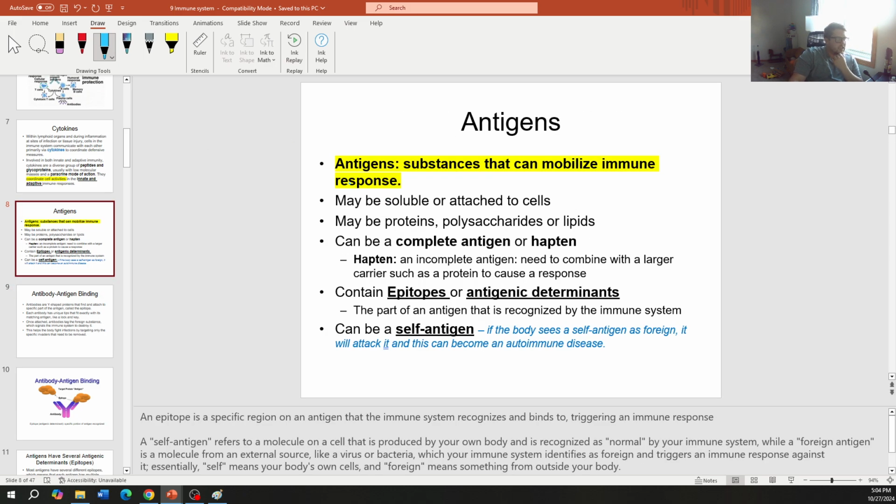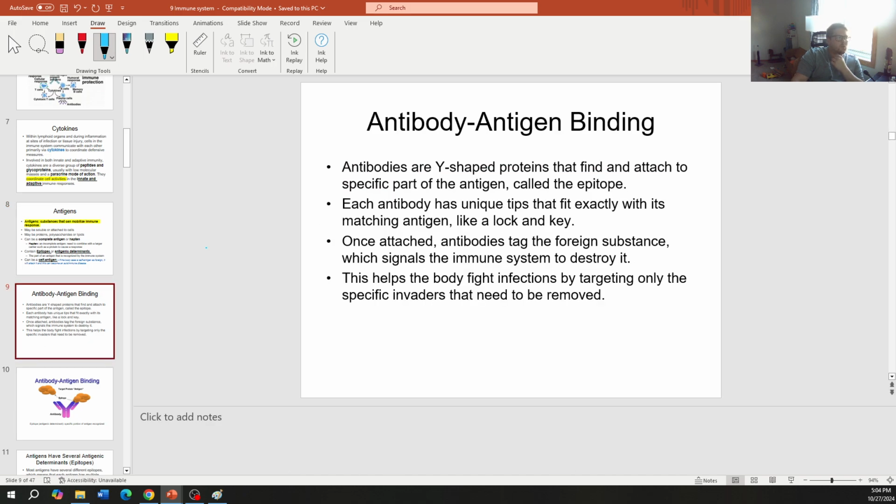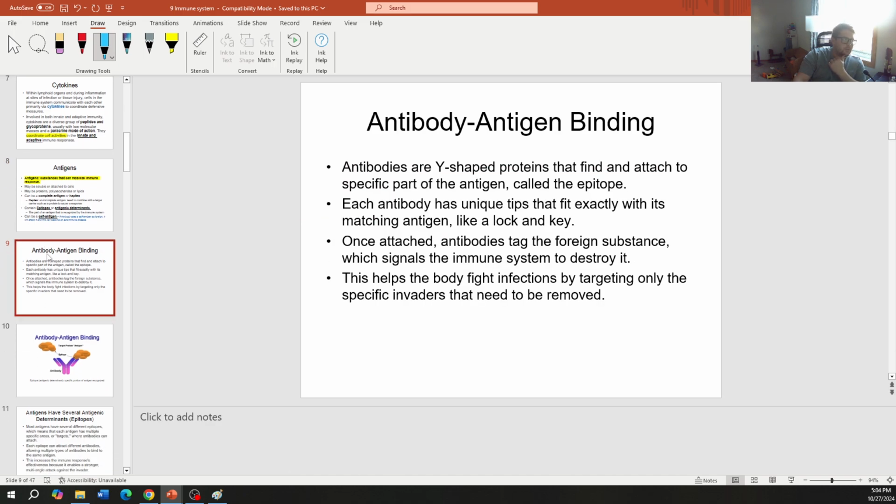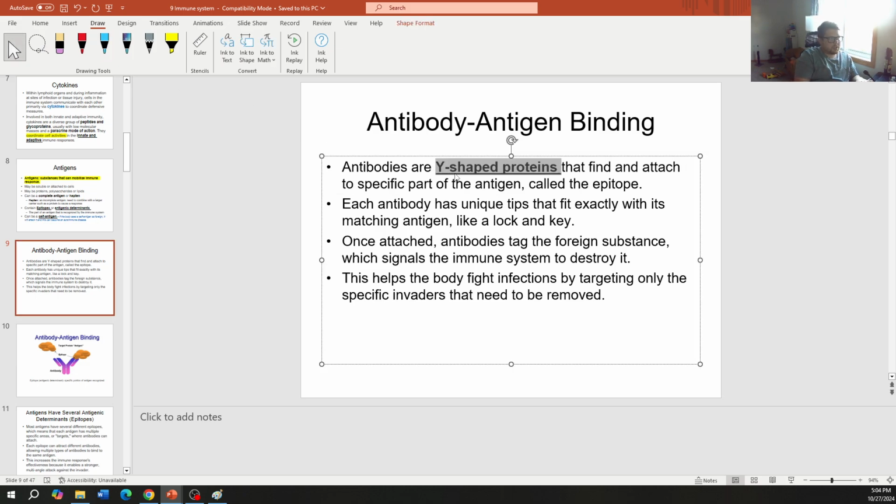Okay? Anyways, continuing, one of the things that the antigens do is that they bind to the antibodies. The antibodies are Y-shaped proteins. I'm going to highlight a couple things that I want you to remember. They're Y-shaped proteins that find and attach to specific parts of the antigen called the epitope.